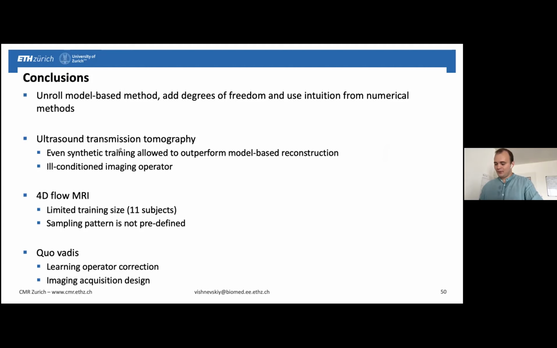And also we applied the variational networks to a very ill-conditioned operator. And in the case of 4D flow MRI, we could train with a very limited amount of data and for a not predefined sampling pattern.